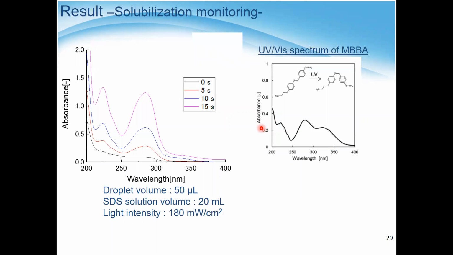And what we found is that as time passed, the absorption spectrum in the outer solution gradually increased, and this absorption profile corresponded to the MBBA solution. So obviously, MBBA was solubilized into the outer fluid.